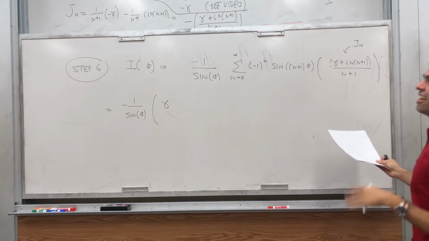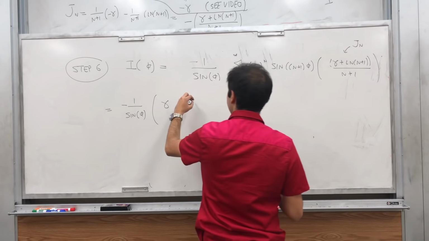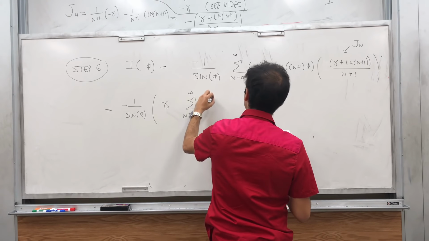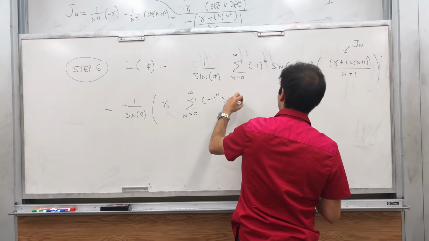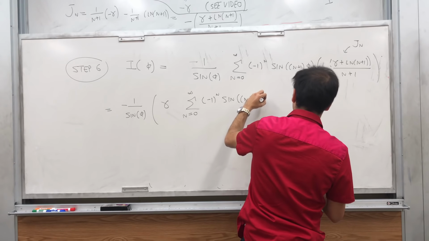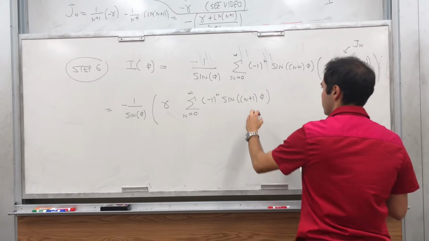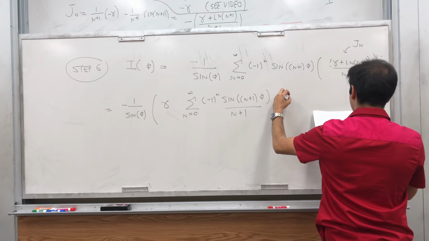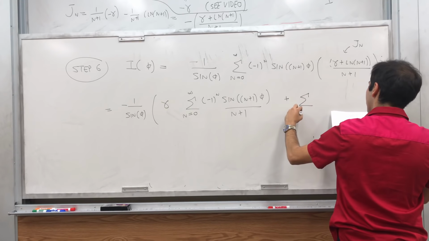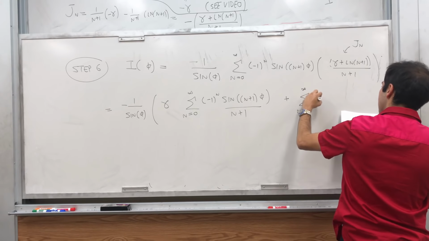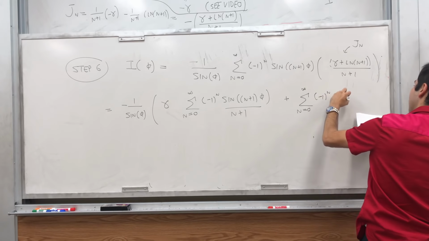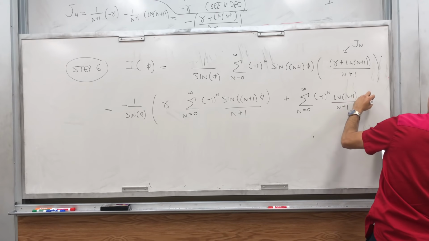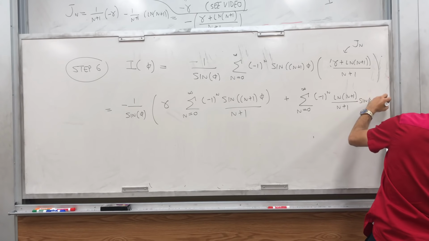Gamma doesn't depend on n at all, so we can just pull it out, times the sum from n from 0 to infinity, minus 1 to the n, sine of n plus 1 phi over n plus 1, and then plus the sum from n from 0 to infinity, minus 1 to the n, ln of n plus 1 over n plus 1, sine of n plus 1 phi.